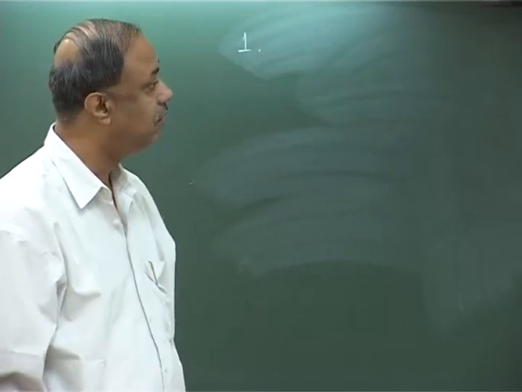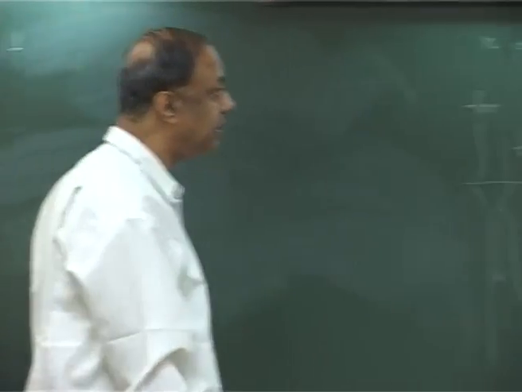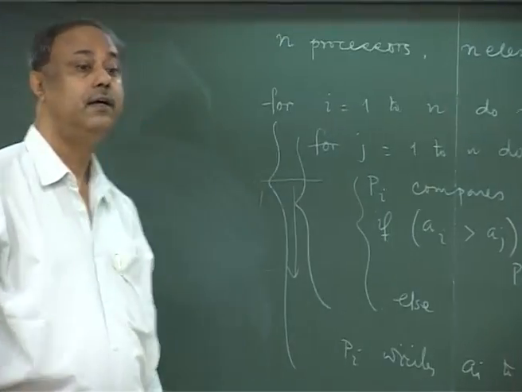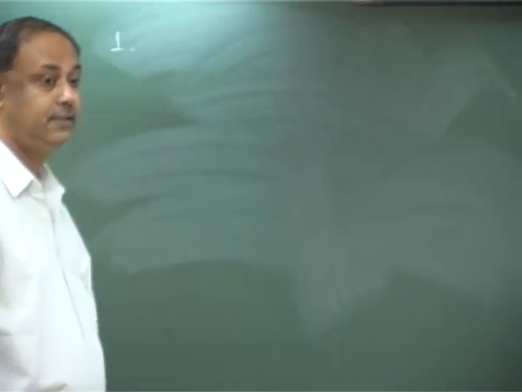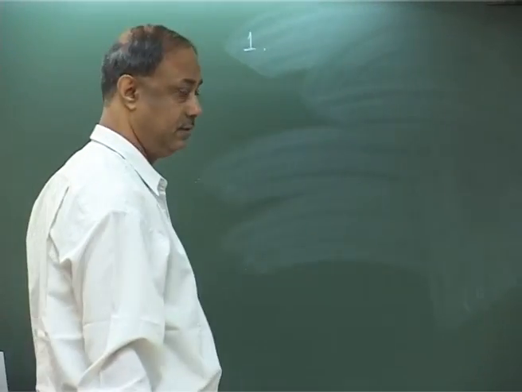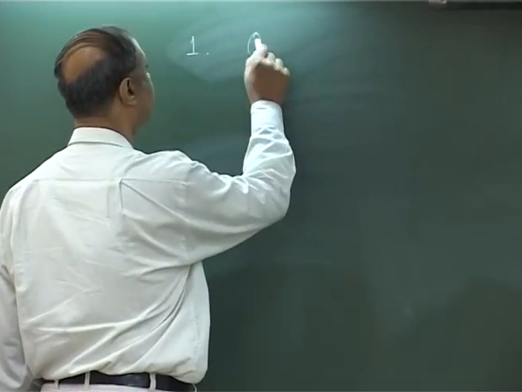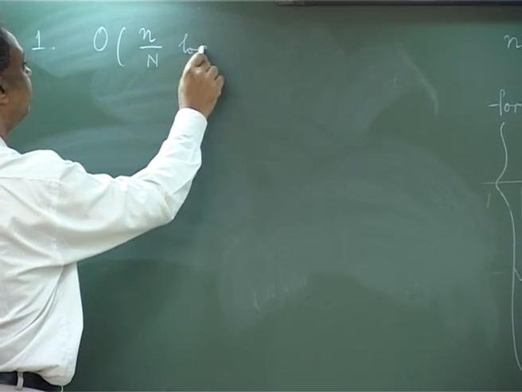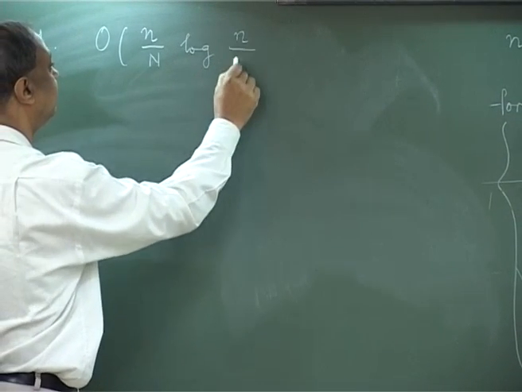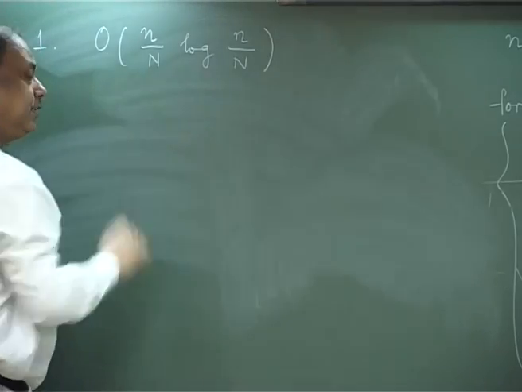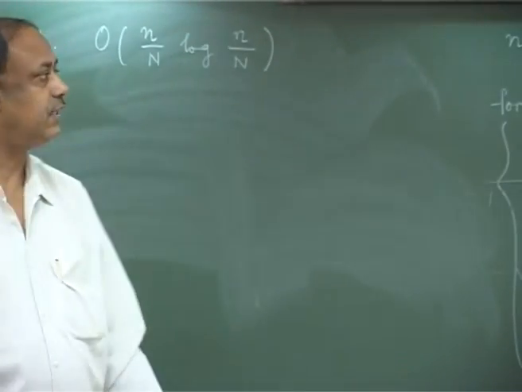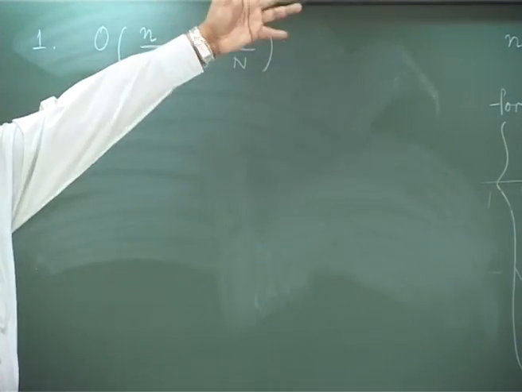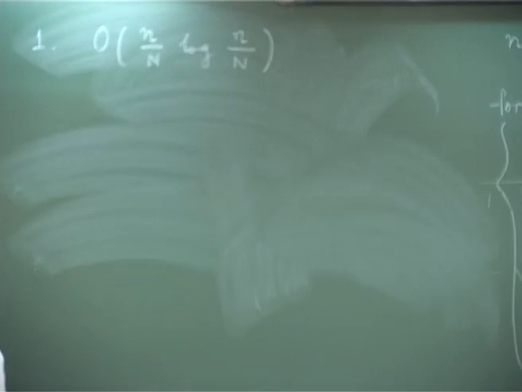Capital N. How can you do that in capital N? N by N multiplied by log N by N. Yes. So step 1 takes this much time because you are using any sorting technique, and the first one, division, doesn't take much time because the concurrent read is allowed, so there is no problem.